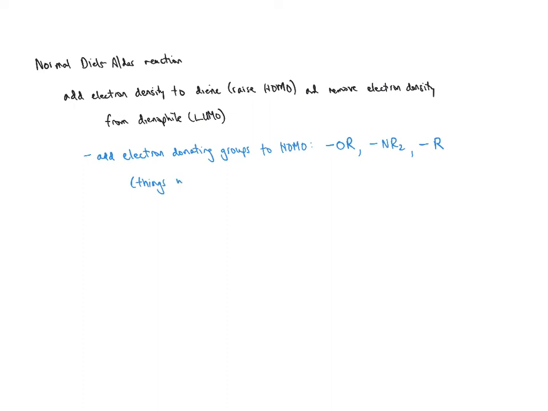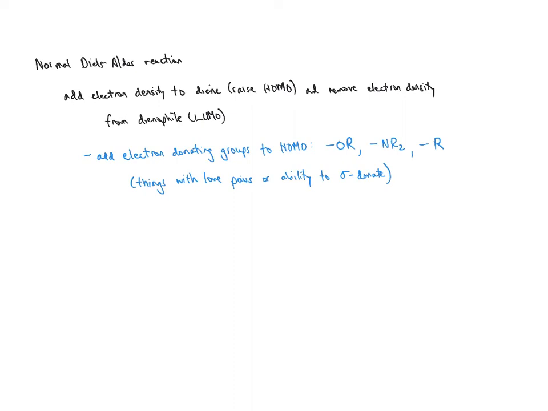These can be grouped into the following category: things with lone pairs or the ability to sigma donate. What that is going to do is push electron density into the pi system so that it has even more electron density in it, and that's going to have the effect of raising the HOMO.